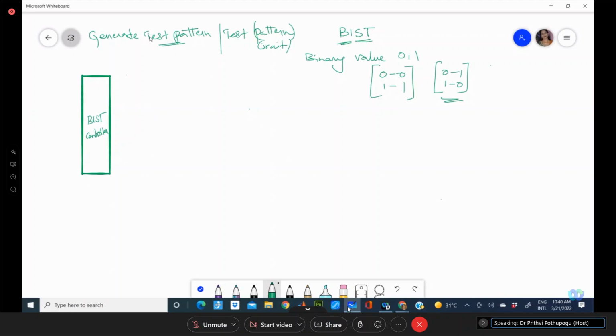This element, the LFSR, if you have taken, is the generating element, and we need to have some testing setup also. That means we need to compare these two patterns.